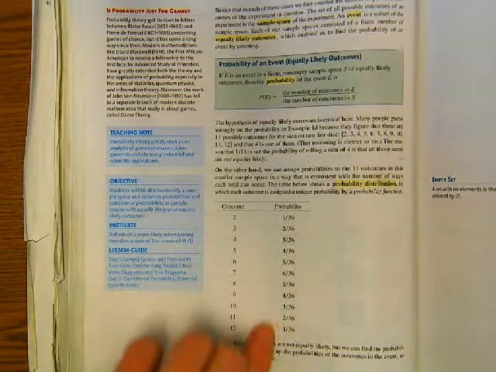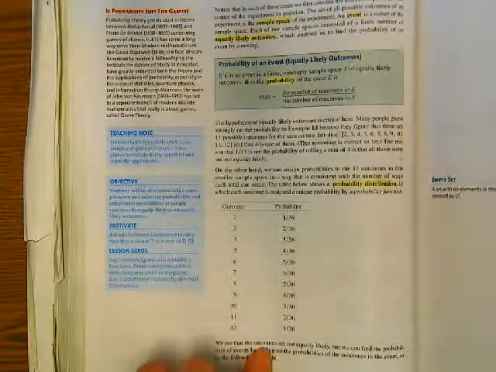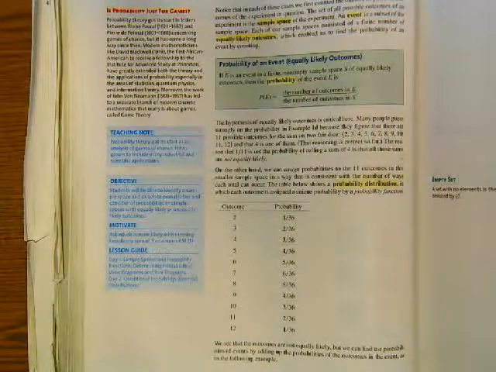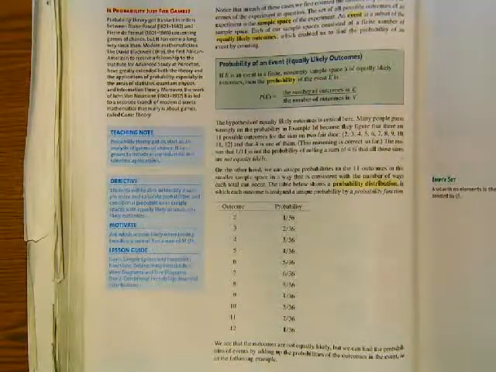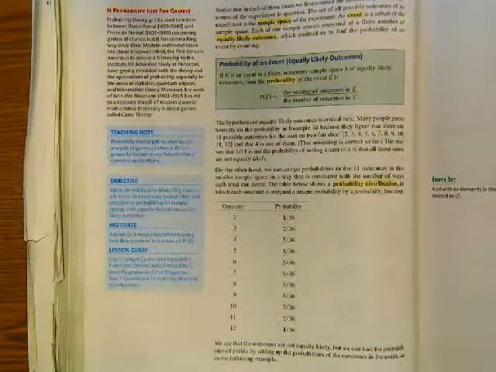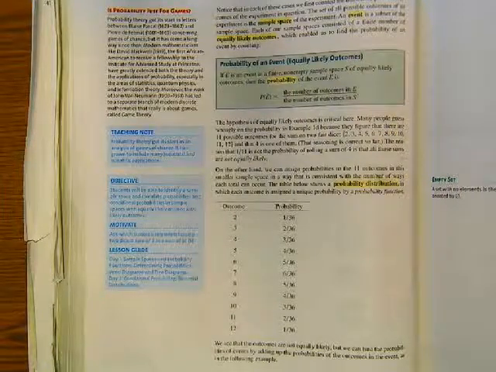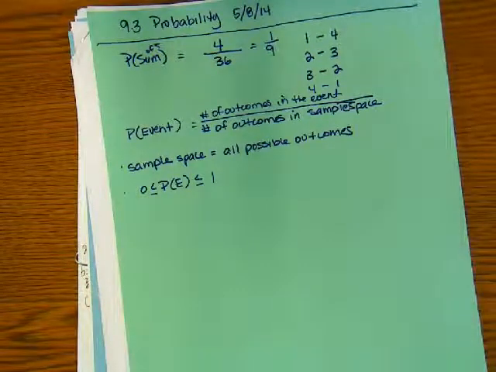And if you would add those probabilities up, they would equal 1, because the total sample space has to have a probability of 1. So sometimes I'll ask you, is this a valid probability distribution? And that's just a fancy way of saying, do all of the probabilities in the set equal 1? And if they do, then it's valid. If they don't, then it's not. Okay. Questions so far? All stuff that you kind of sort of know, I hope?